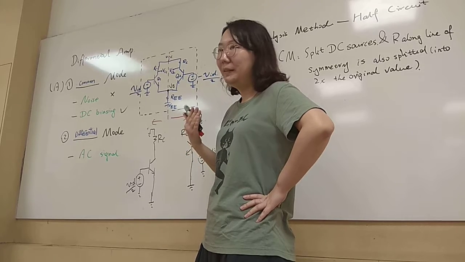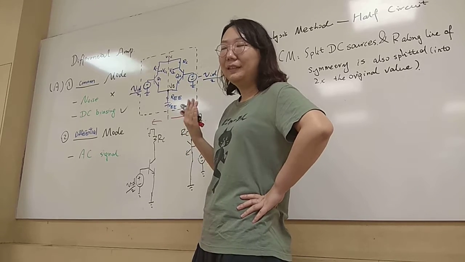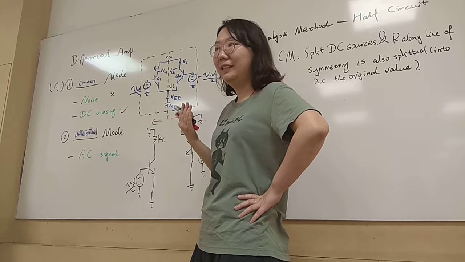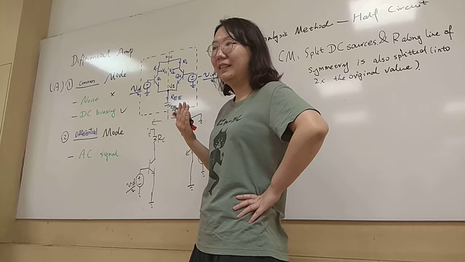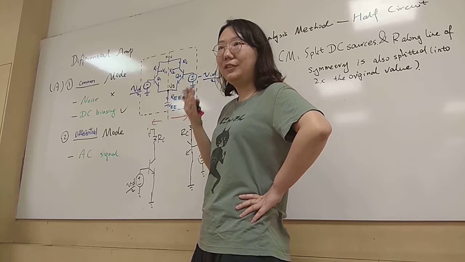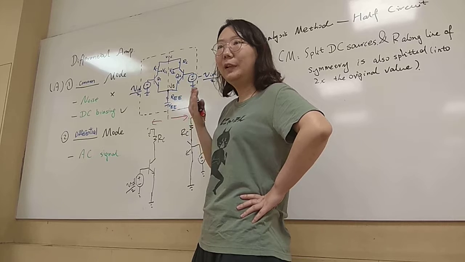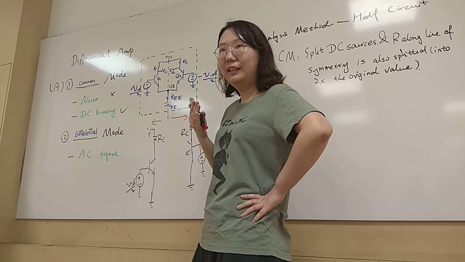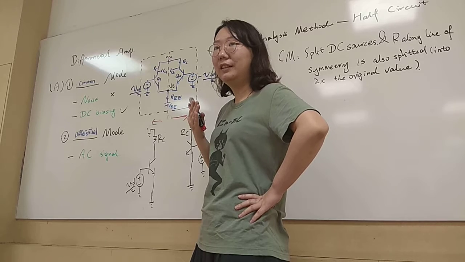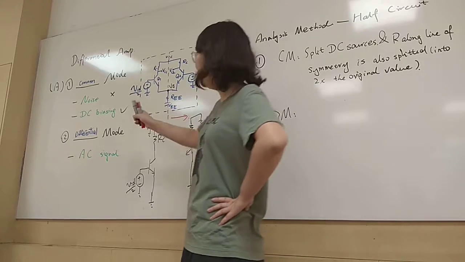No, they are not the same. One is positive, one is negative. Yes, so? Positive, negative actually affects what? Polarity only affects your current direction. Okay? The value is the same.